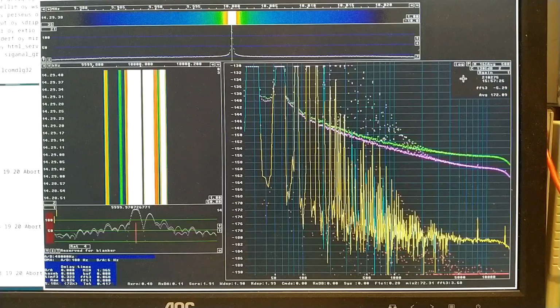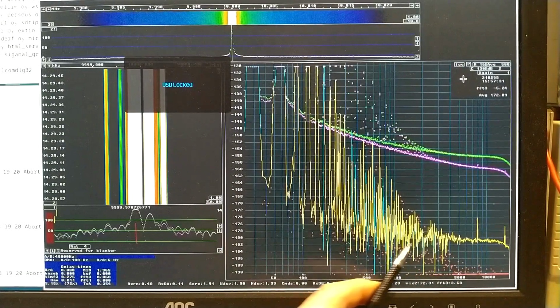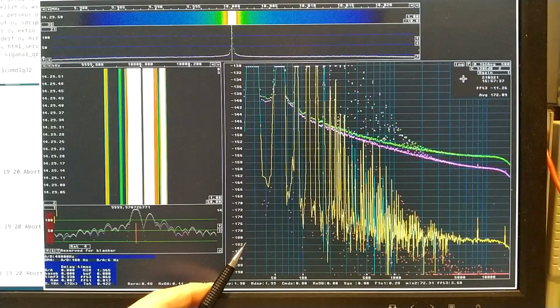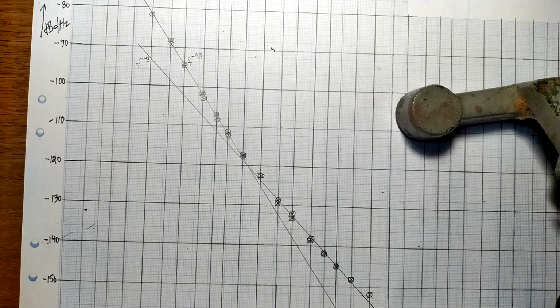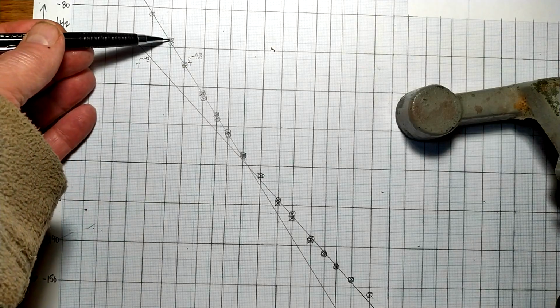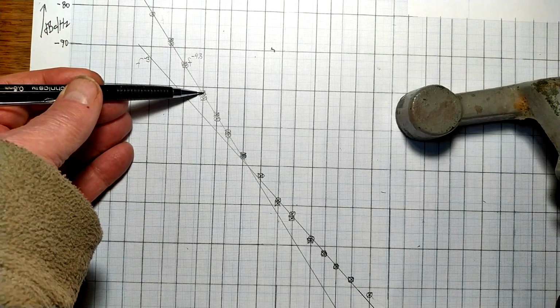Here I can see that the noise floor at 10 kilohertz down here is minus 180.7. The differences with the previous measurement in nerds99 are very small, about 1 decibel here, and here, and here 1.5.